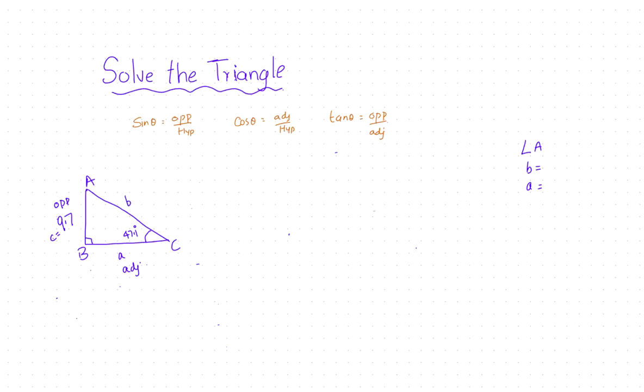Sum of the three angles in a triangle is 180. So angle B is 90, so angle C plus angle A should come to 90.